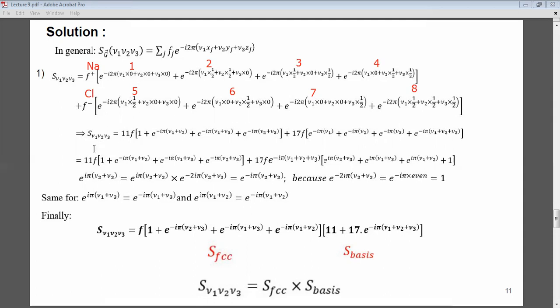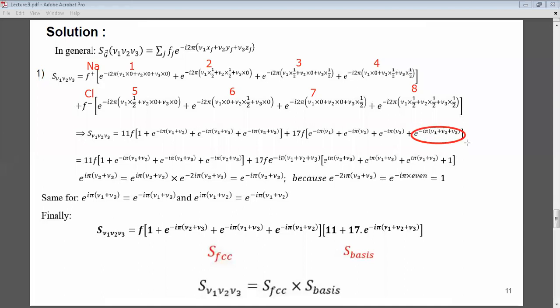So I will have 11f into 1 plus e to the minus i pi (v1 plus v2) plus e to the minus i pi (v1 plus v3), I'm just doing math here, plus e to the minus i pi (v2 plus v3). From the chlorine, I will get 17f e to the minus i pi (v1 plus v2 plus v3).